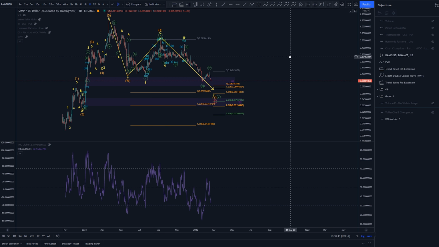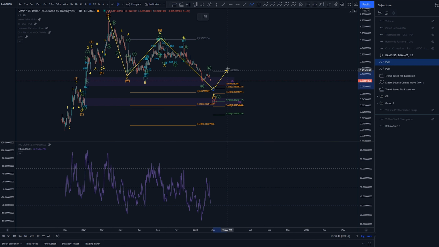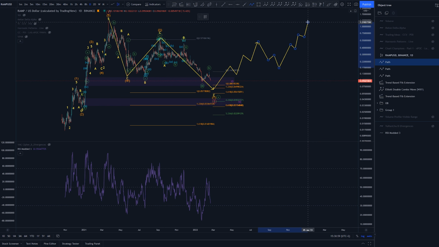And again, if we do get the 5 waves down here, it doesn't mean that we go to the moon. We can just do the 3 waves down and then again 5 waves up. And at this point, this structure here is either a zigzag or a 1, 2, 3. Then would go for 5.